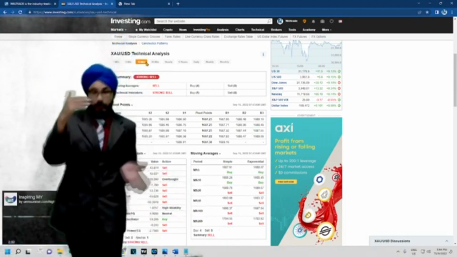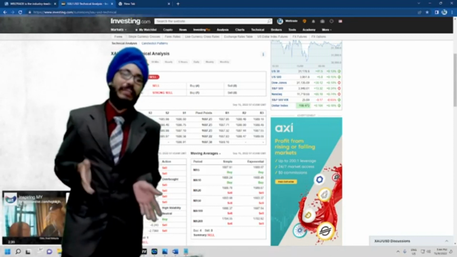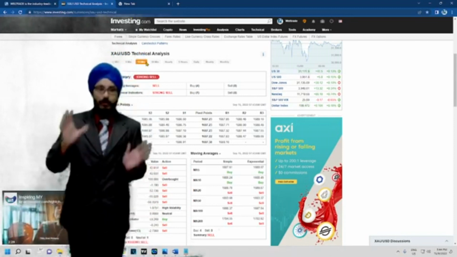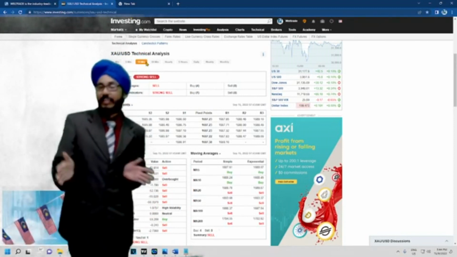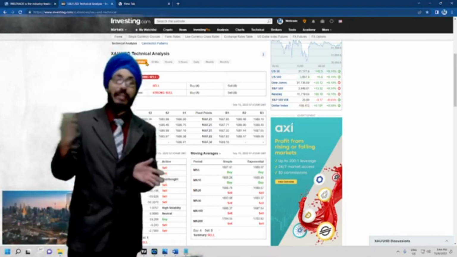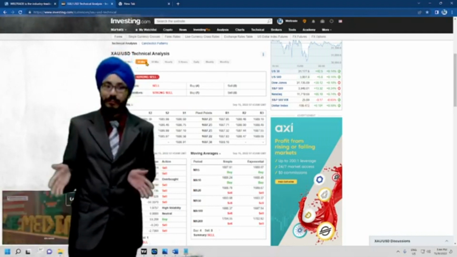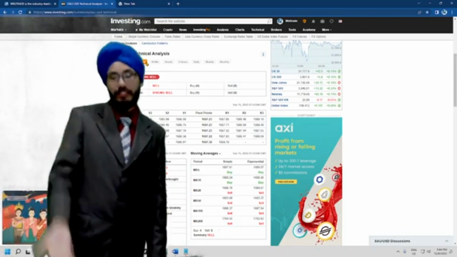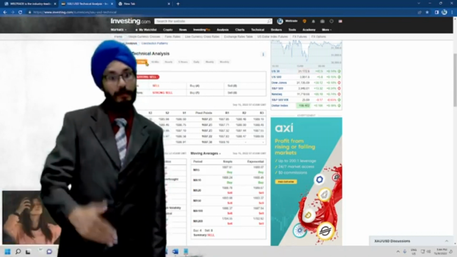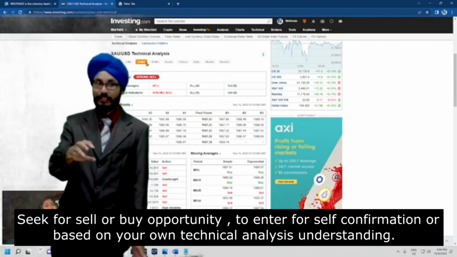If your technical analysis is aligning and also saying sell, you can go into your lower time frame and place your buy and sell according to your own technical analysis.